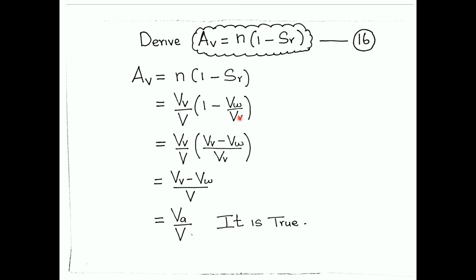Take common volume of voids, then volume of voids minus volume of water over volume of voids. The volume of voids cancels out, remaining volume of voids minus volume of water over total volume. Volume of voids minus volume of water is equal to volume of air over total volume. This is the definition of air voids. It is true.